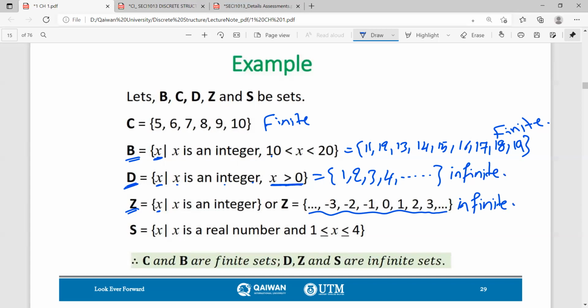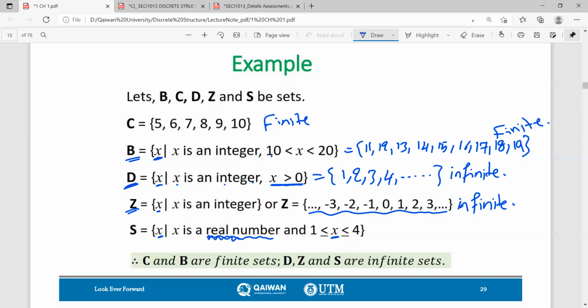And for the set S, we say it equals the set of x, where x is a real number, and x is greater than or equal to 1 and less than or equal to 4. Since here we talk about real numbers, between any two real numbers, we have infinite real numbers. That means it's infinite, because between 1 and 4, we have infinite real numbers.